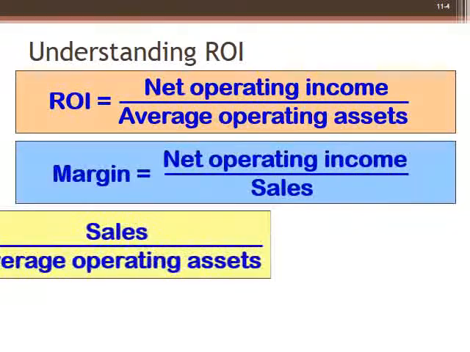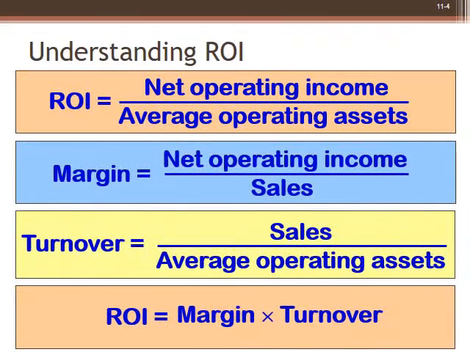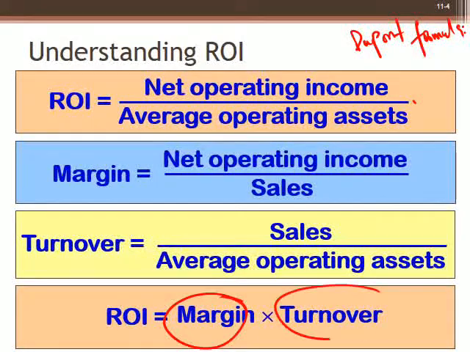Now we are going to understand ROI with three different formulas, and we call this the DuPont formula. ROI is equal to margin multiplied by turnover, right? Margin is equal to net operating income divided by sales, and turnover means sales divided by average operating assets.